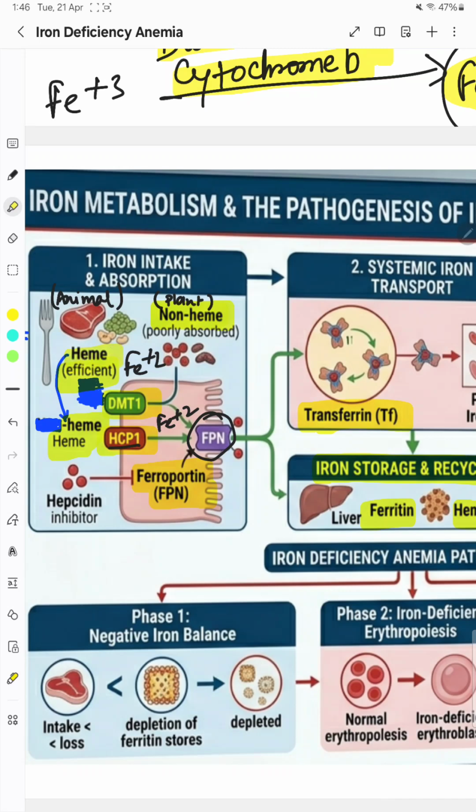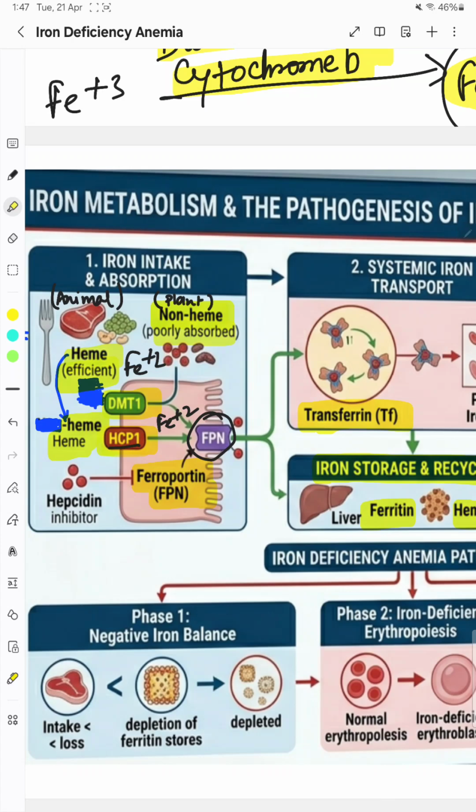Heme iron's primary source is animal food products, and non-heme iron is predominantly present in plant-based sources. Heme iron is very efficiently absorbed with the help of HCP1, or heme carrier protein 1, in the enterocyte of the duodenum. Non-heme iron is poorly absorbed, and this is absorbed with the help of DMT1, divalent metal transporter 1, in the duodenal enterocyte.